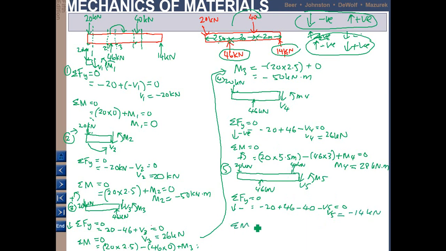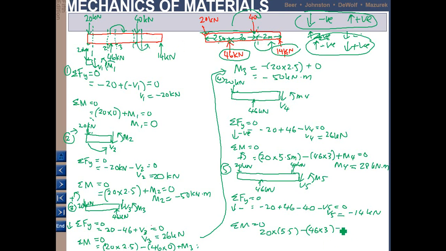And then the summation of all moments is equal to 0. You get 20 times 5.5, because the distance from here to this point is 5.5, and then minus 46 times 3, and then at this point 40, it must be positive, because it will go this way, because our section is actually here, so it will be brought to here.